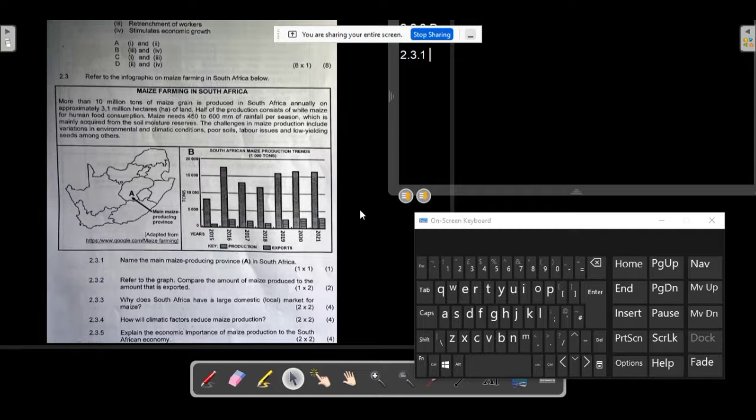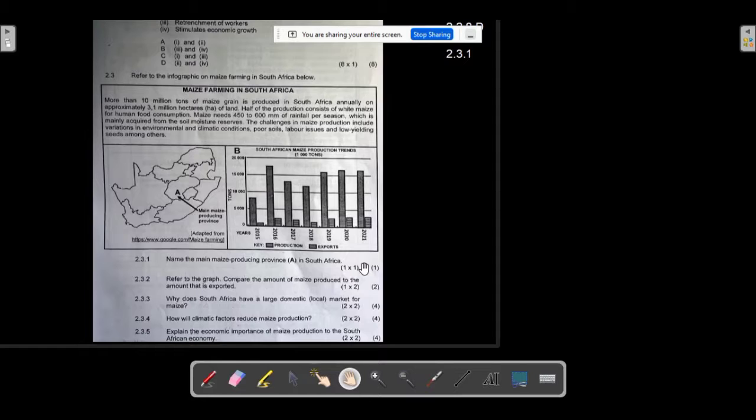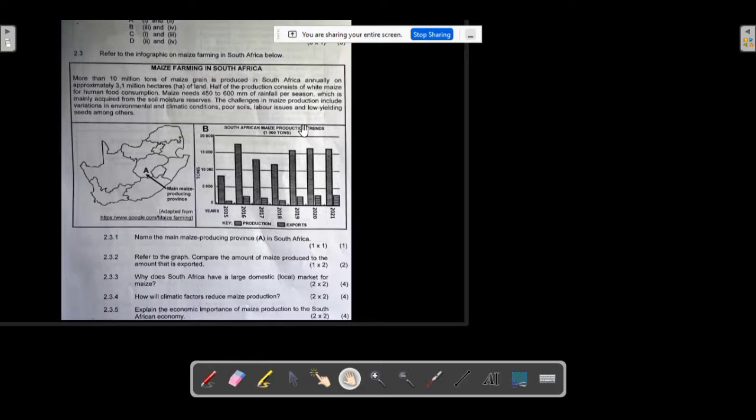Maize needs between 450 to 600 millimeters of rainfall per season, which is mainly acquired from the soil moisture reserves. The challenges in maize production include variations in environmental and climatic conditions, poor soils, labor issues, and low yielding seeds, among others.